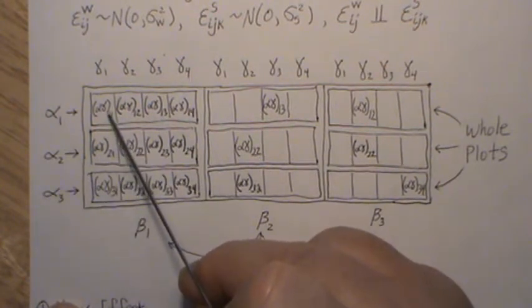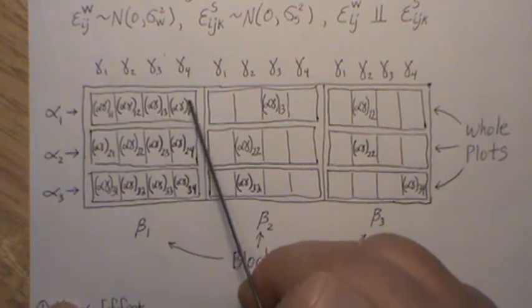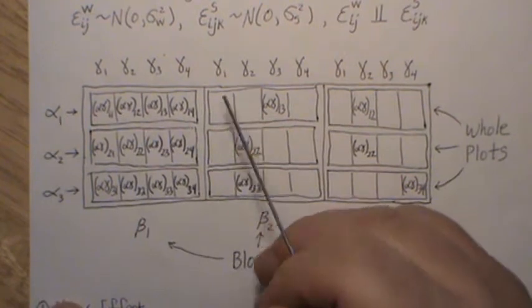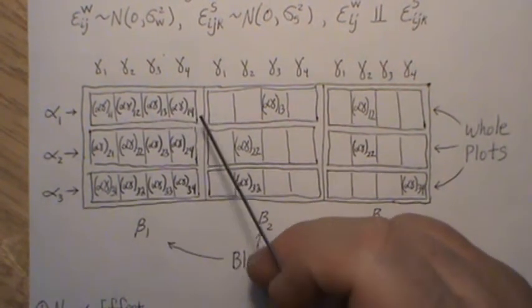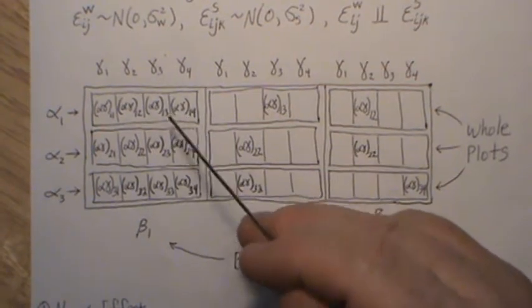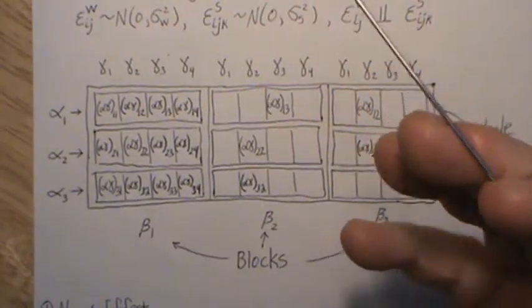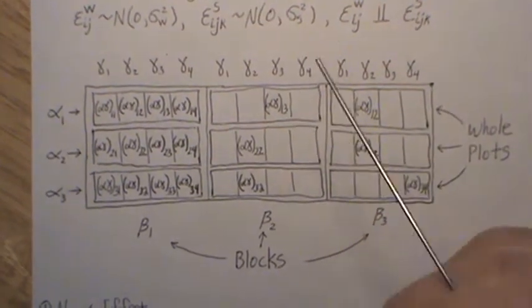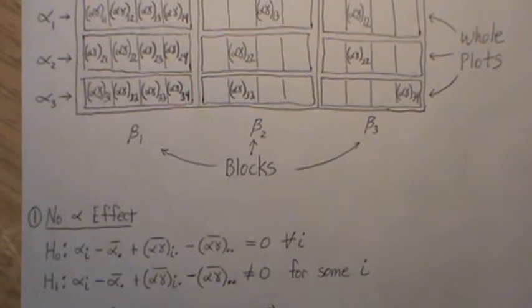That's sort of saying that, if that's true, then the mean of each row has to equal that overall effect, and the mean of each column has to equal that average effect. Okay, that's my intuitive feel for what is going to happen here.